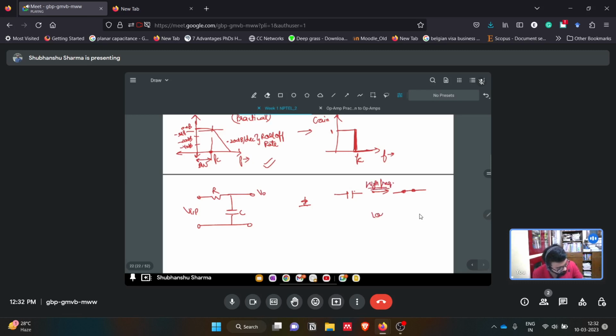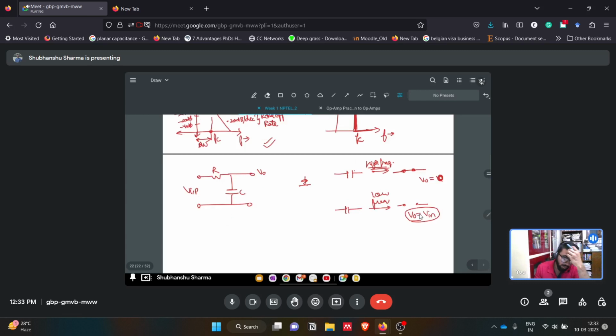At low frequency, this capacitor will act as an open circuit. So the output V naught will be 0 in the high frequency case, and in the low frequency case it will be equal to the input voltage supplied. By this way we get the response of the low pass filter.